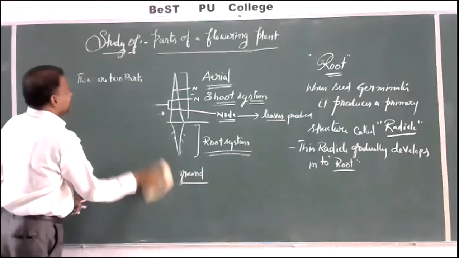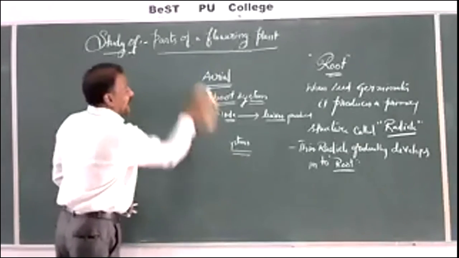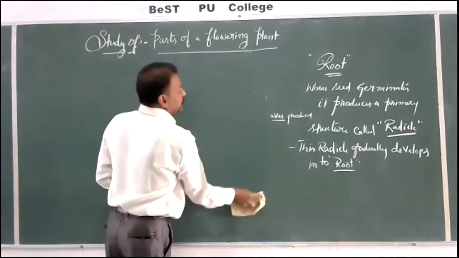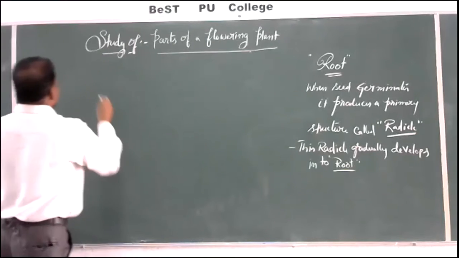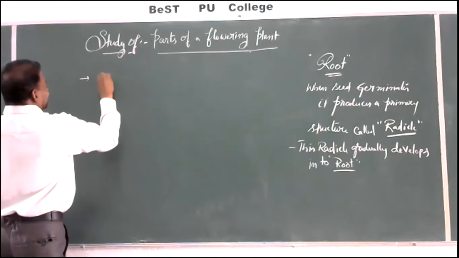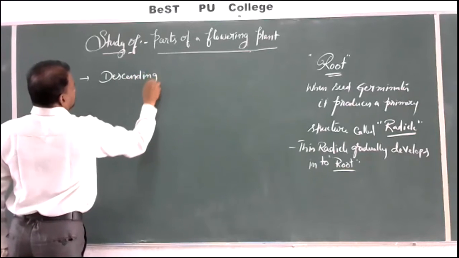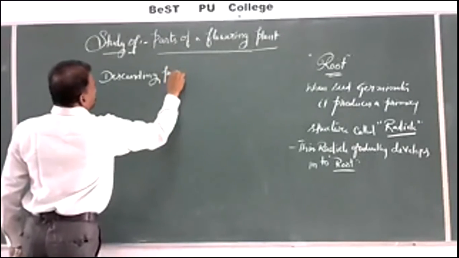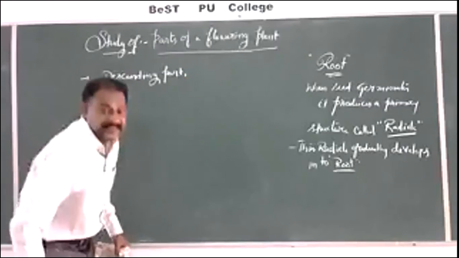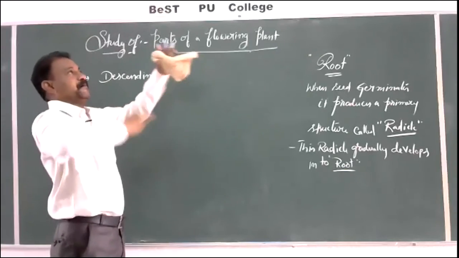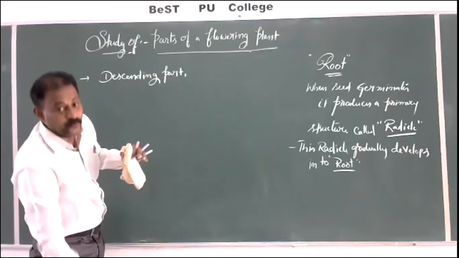Root is the part of the seed which is called radicle, and radicle directly develops into root. So root is considered as the descending part. Descending means going inside. Ascending, descending, upward, downward.